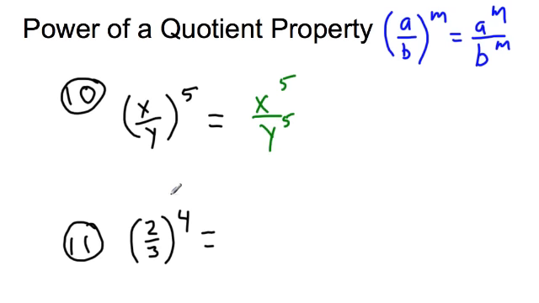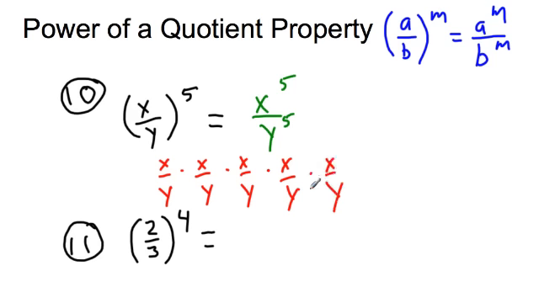Reasoning behind that, we have x over y times x over y, x over y times x over y times x over y. And notice in this situation we have 5 of these x's, 5 of these y's.